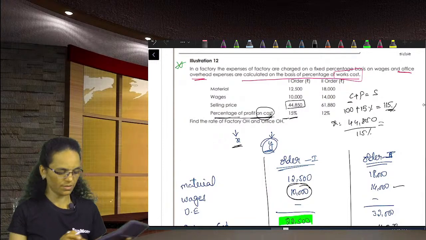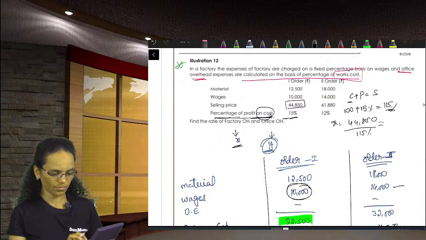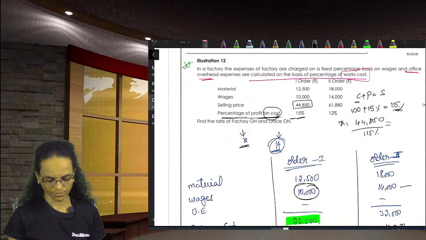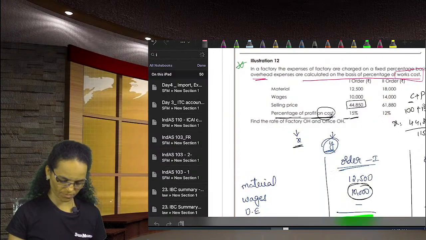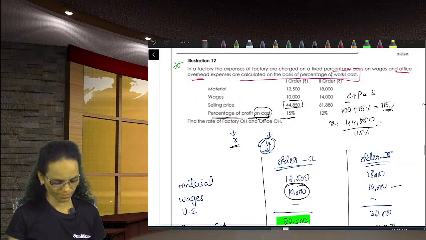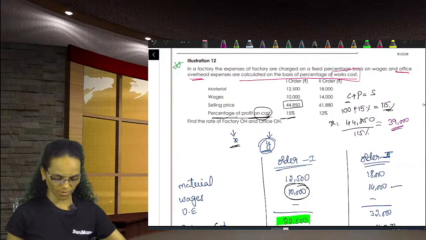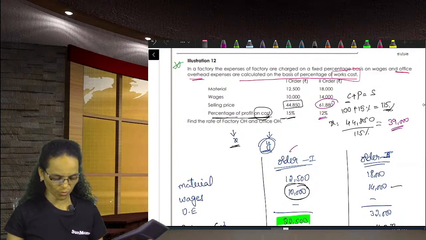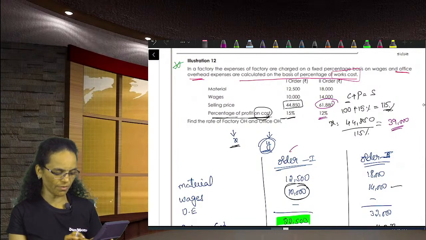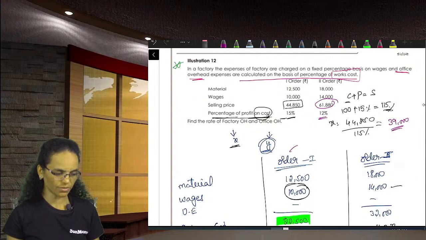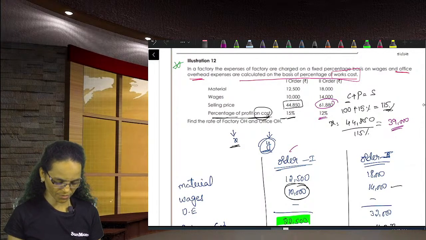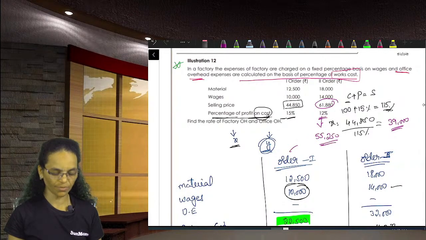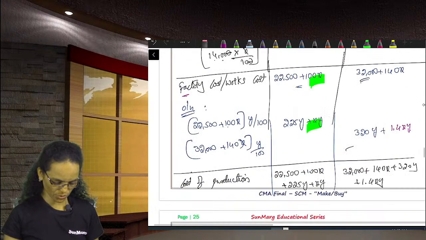It means 39,000 is the cost for first period. Second one, this one is representing 112%, 61880 divided by 112%. So for this I got cost 55,250 rupees.